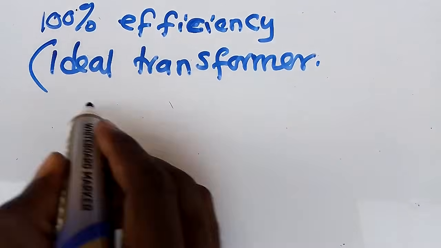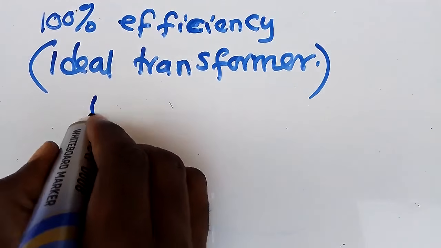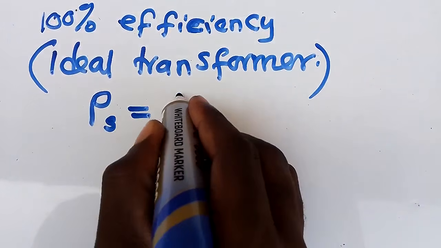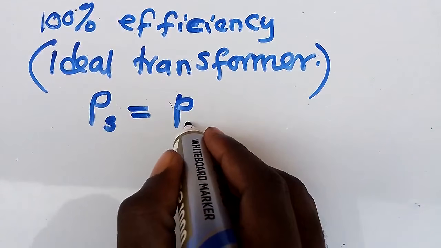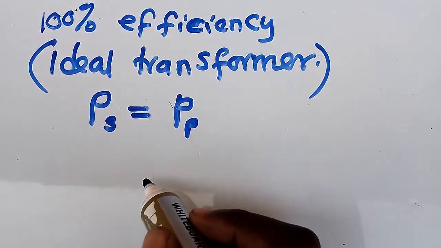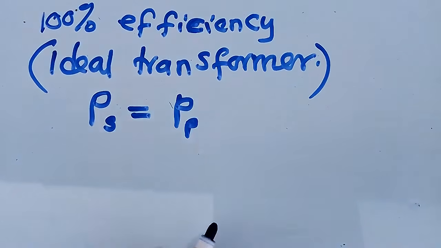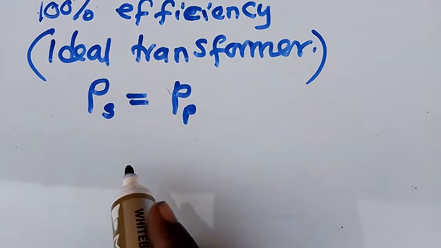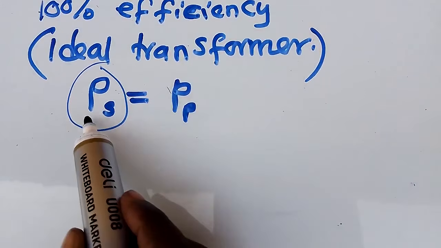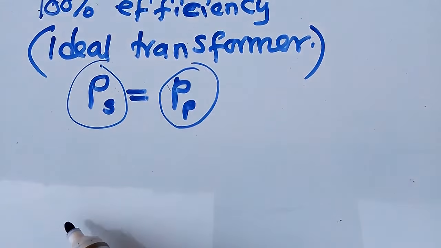It is called an ideal transformer, which means that power in the secondary is equal to power in the primary. Whenever we are talking about this, power in the secondary coil is equal to power in the primary coil.